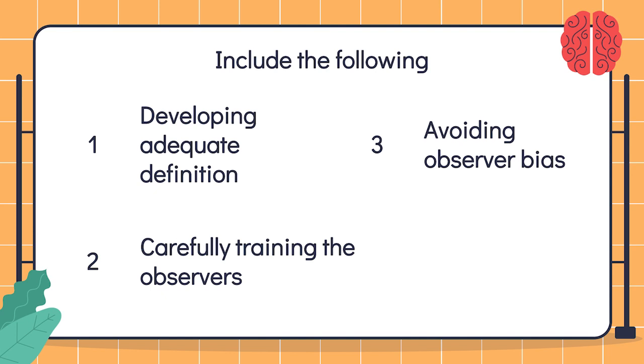Carefully training the observers to ensure that they are adequately prepared and that they have confidence in their ability or judgment to check the appropriate categories. 3. Avoiding observer bias. Generally, the observer should take behaviors at their face value and not attempt to interpret their real meaning, at least not at the time the observations are made.